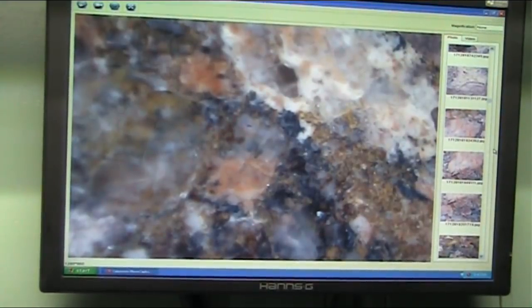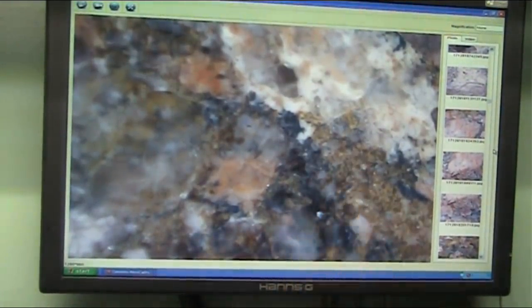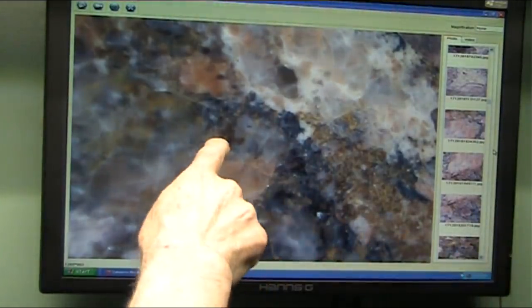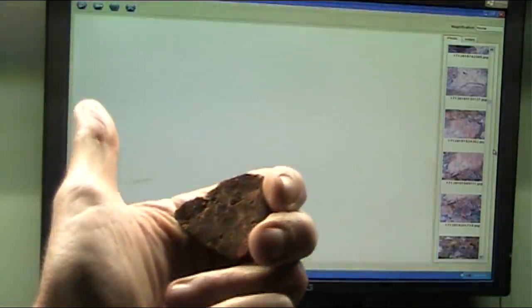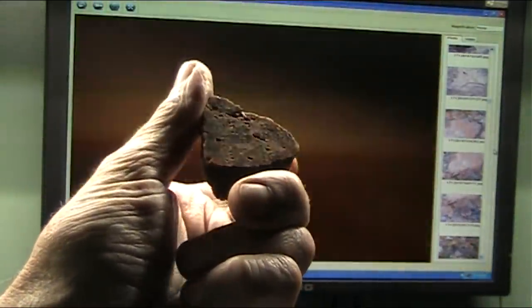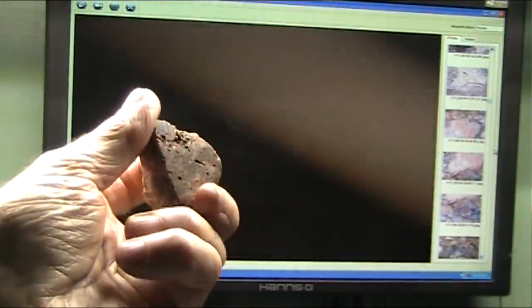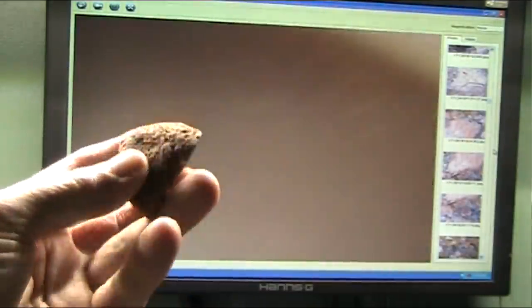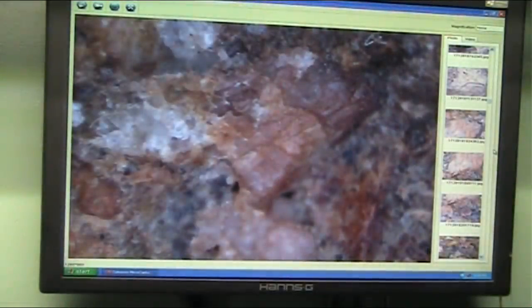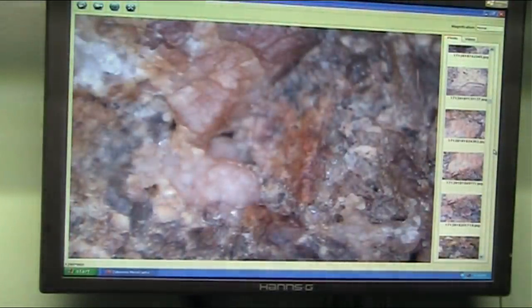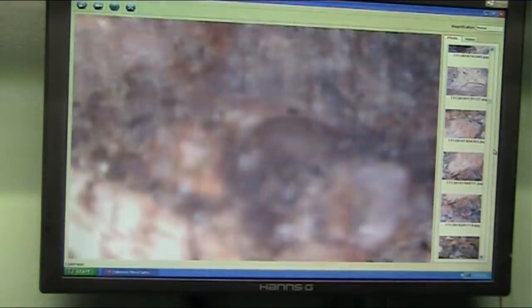And somewhere in there, that might be a chunk of gold. It could be a little tiny chunk of gold, but it's going to be so tiny that you're never going to find it. That's what they call placer gold, little itty bitty flakes. But this is the material we're talking about from the biological lung of a creature.